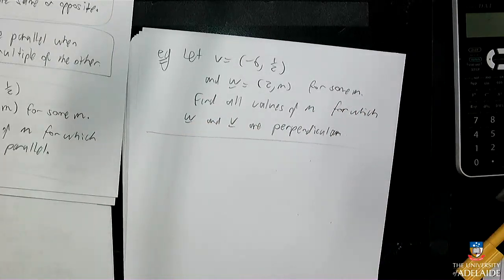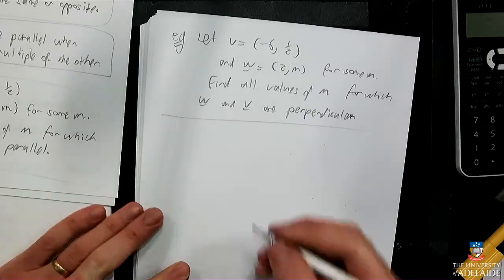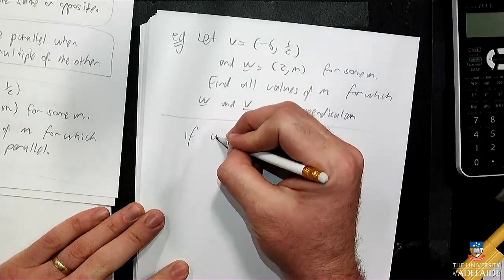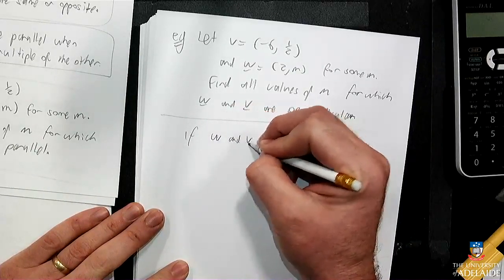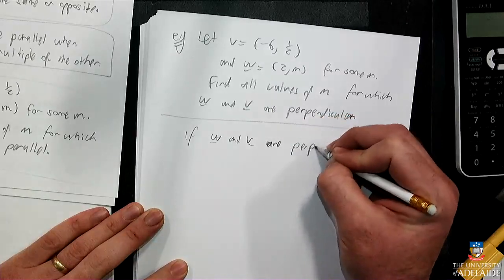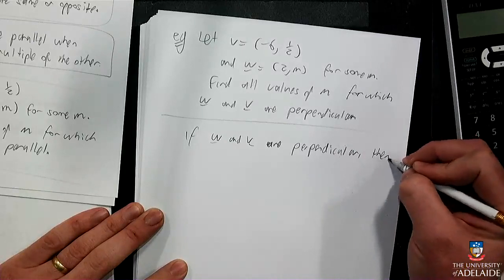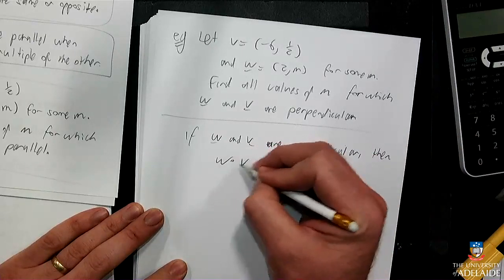So, let's see. Perpendicular means at right angles, and perpendicular means that the dot product will be 0. So if w and v are perpendicular, then w dot v is 0.